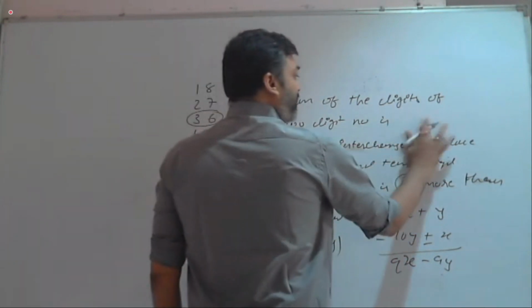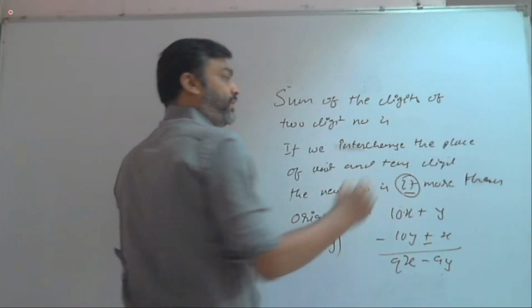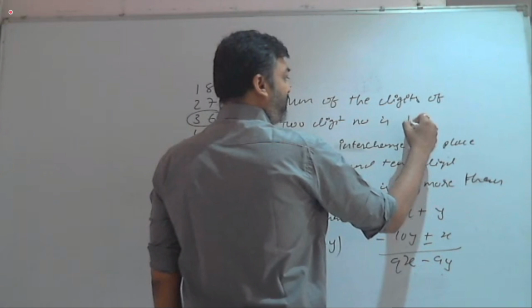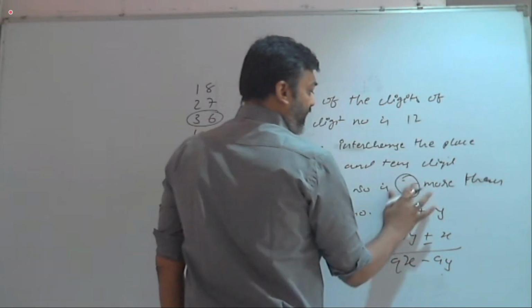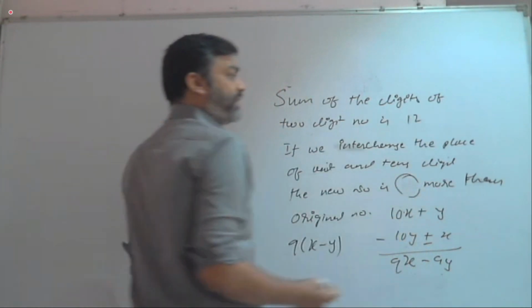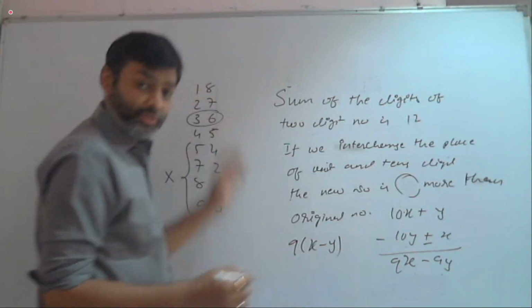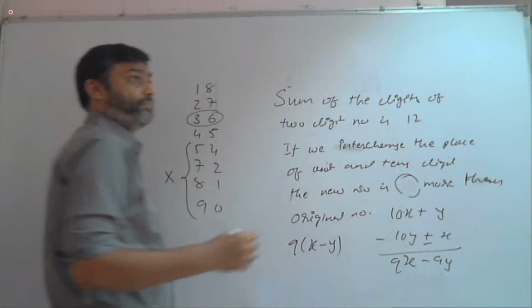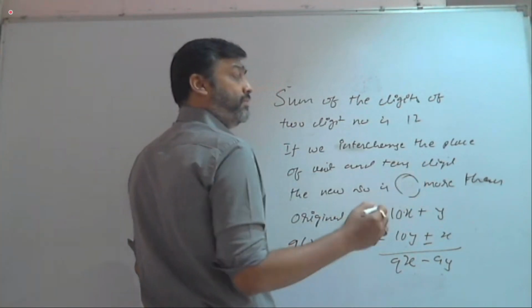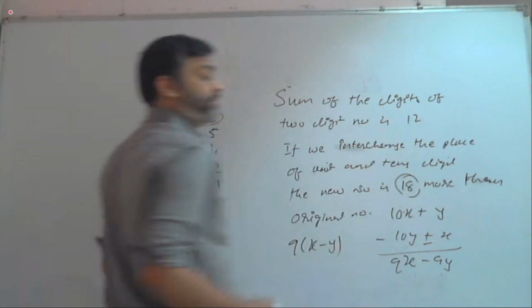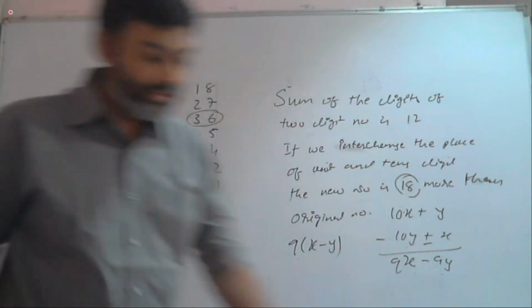The sum of the digits of a two-digit number is 12, right? And when you interchange them, you have to go with the shortcut, right? The difference is 18. Can you find the number?